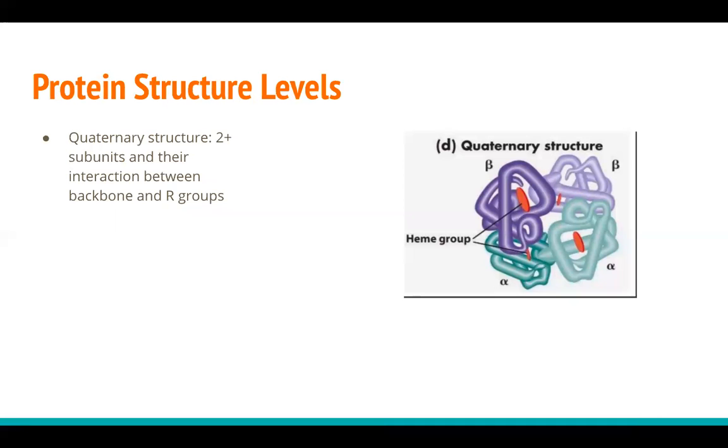If I can add something to the quaternary, just remember that each of the subunits in the quaternary structure has its own primary, secondary, and tertiary structure. So there are 2 subunits or multiple polypeptides, but each of those has, like a polypeptide should, a primary, secondary, and tertiary structure.